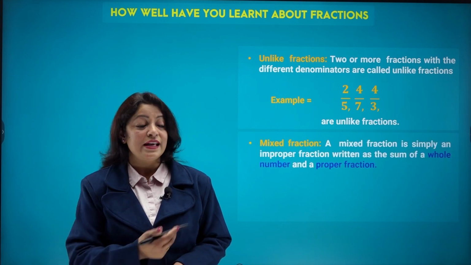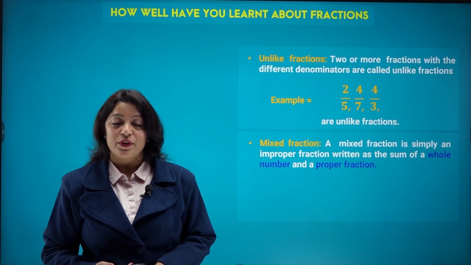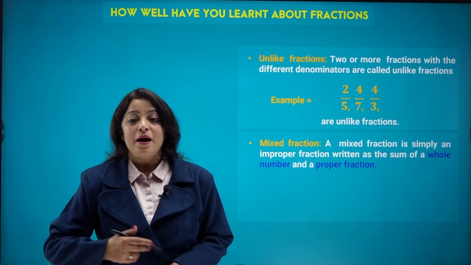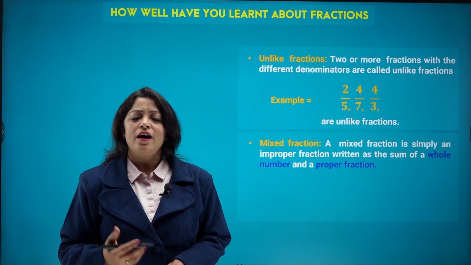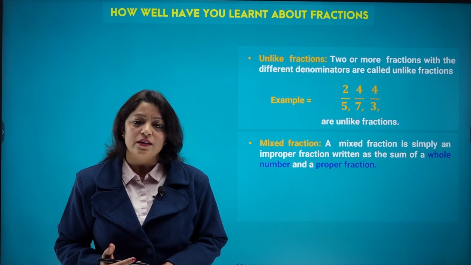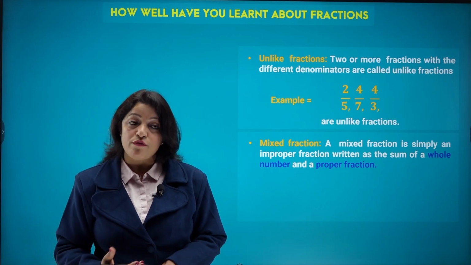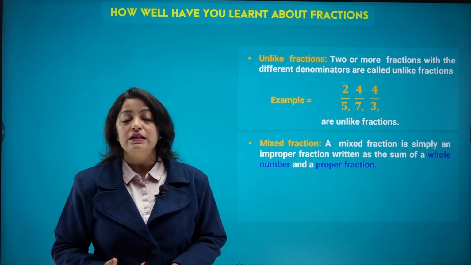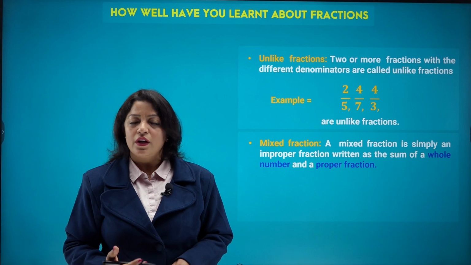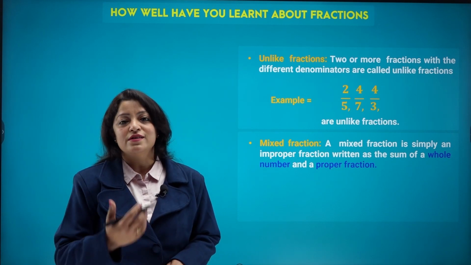Now, the next is a mixed fraction. What is a mixed fraction? A mixed fraction is basically an improper fraction, but written as a sum of a whole number and a proper fraction. A very important concept and a very easy one to understand.